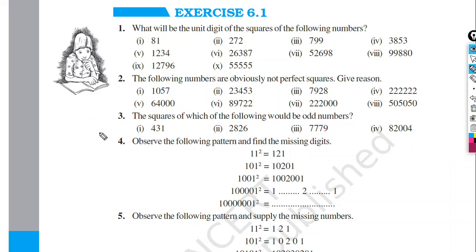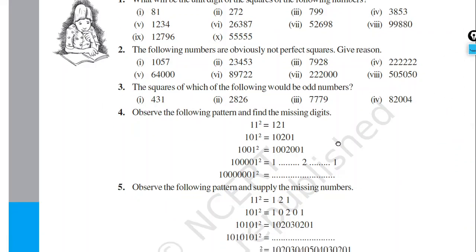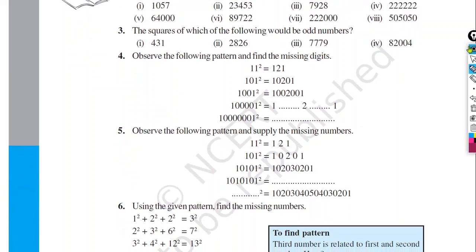Now we'll move to question number 4. Observe the following pattern and find the missing digits. Now 11 square is 121, we all know it. Now we have added a 0 here in between 1 and 1, so 101 square equals 10201.